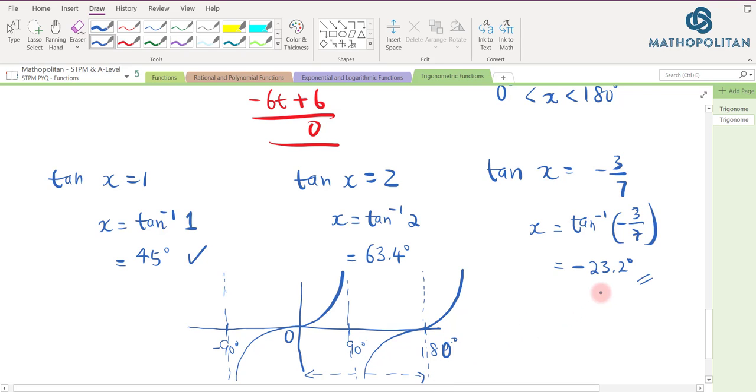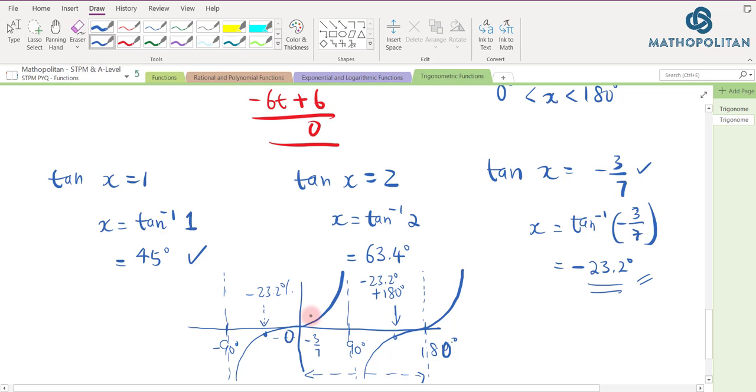So if I get a negative number, negative 23.2 is somewhere around here, negative 23.2 degrees, where the value is negative 3 over 7. You can see that the same pattern repeats somewhere around here. The cycle actually repeats after another 180 degrees. So this point here is actually negative 23.2 degrees plus 180 degrees.